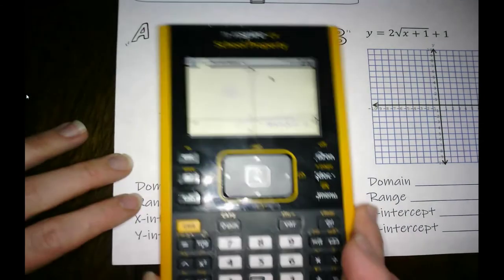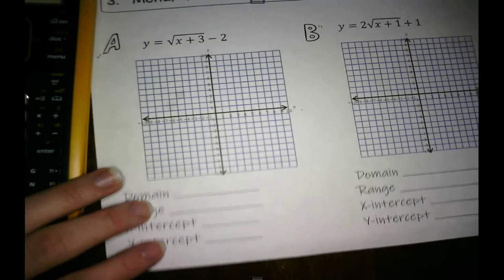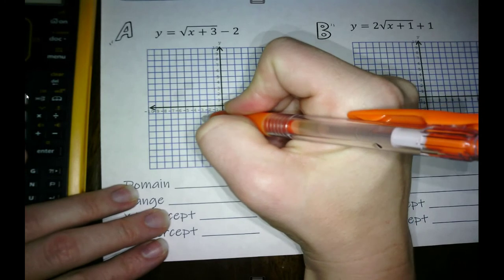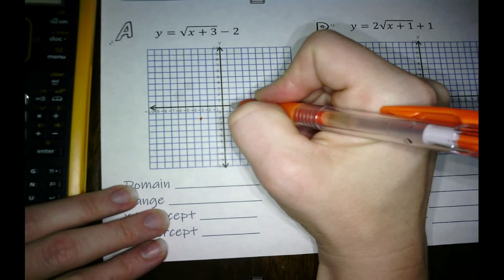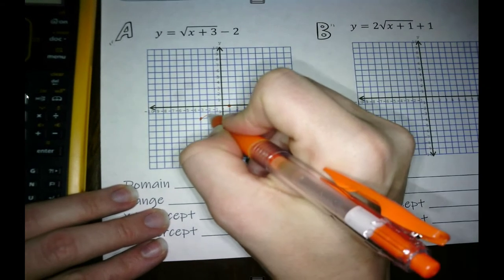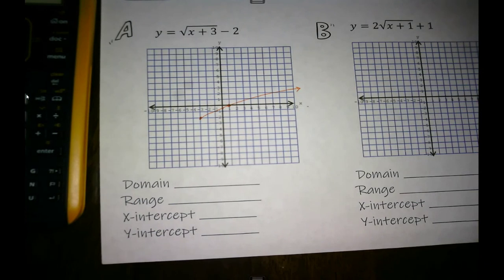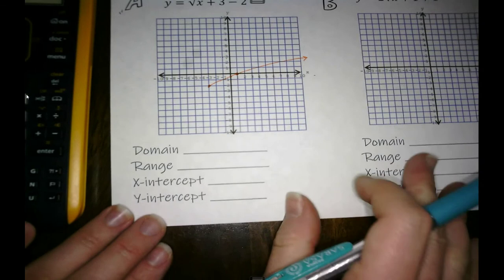And that shows you where that graph is. So I'm going to go ahead and graph that. And then we're going to look at the attributes. So again, we're going to be looking at domain, range, x and y intercepts.